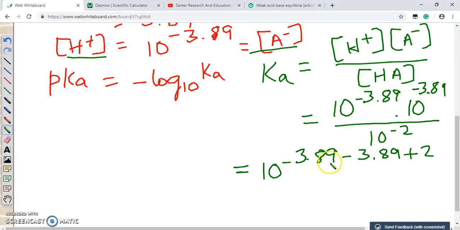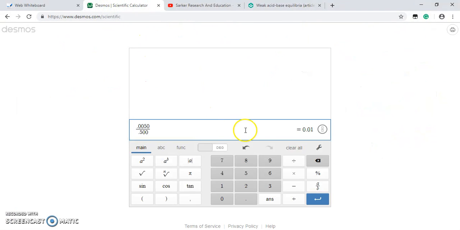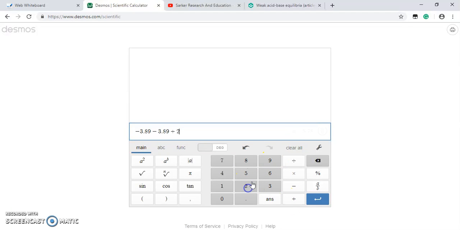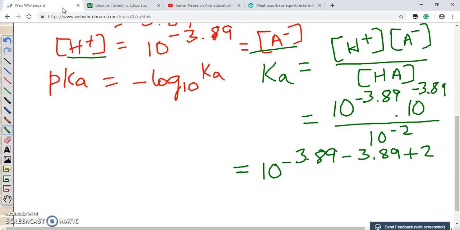Now let us find the value: minus 3.89 minus 3.89 plus 2, which is minus 5.78. So Ka is 10 to the power minus 5.78. All we need to do is substitute this value of Ka here.